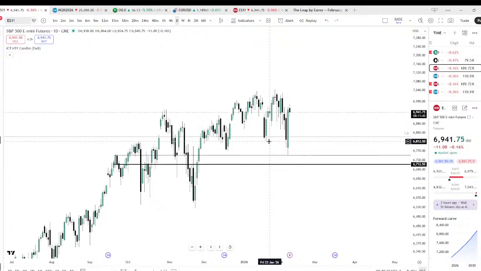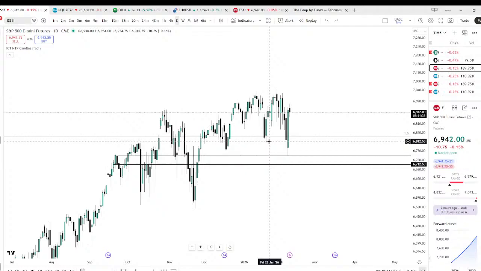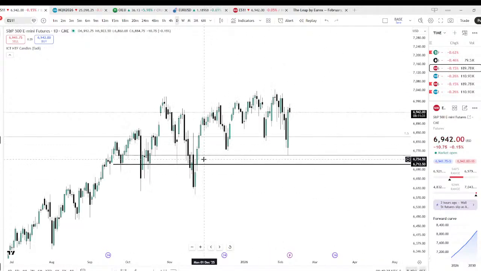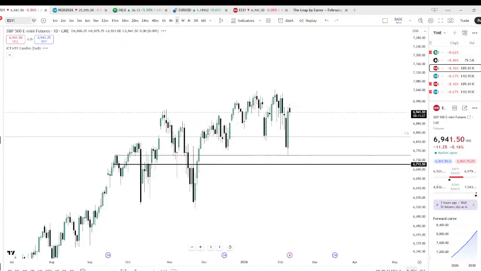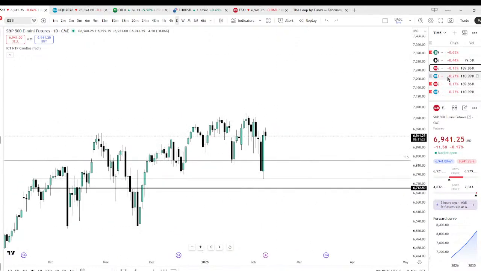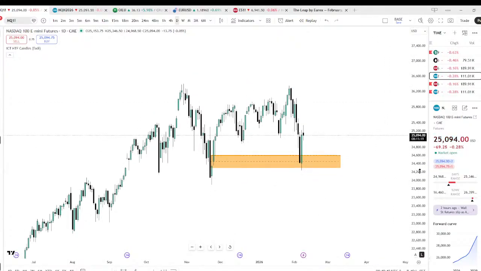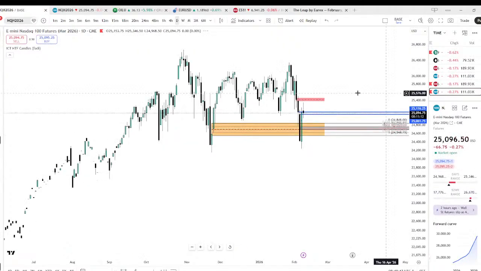But ultimately, I think that down in this area, this volume imbalance, could dig deeper into there. NASDAQ did it.